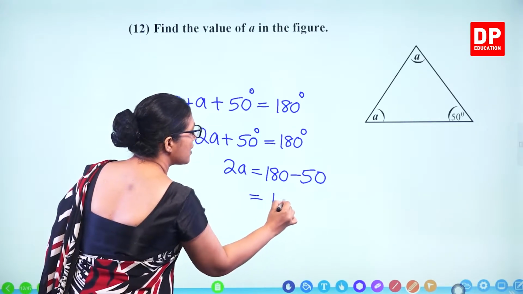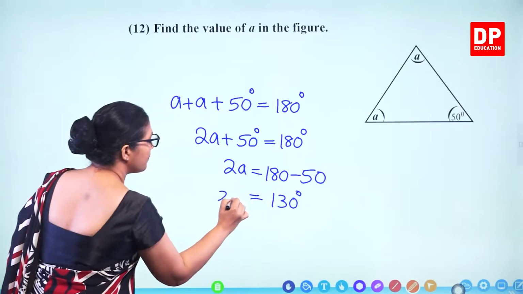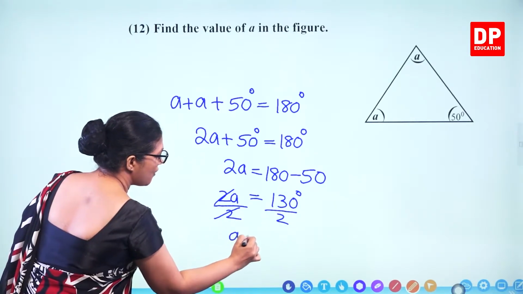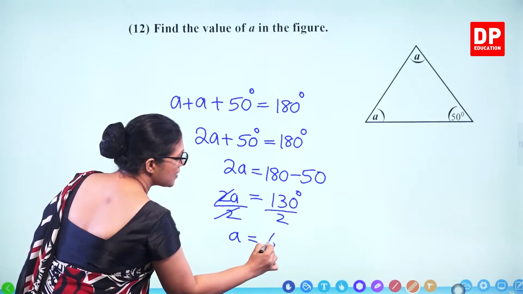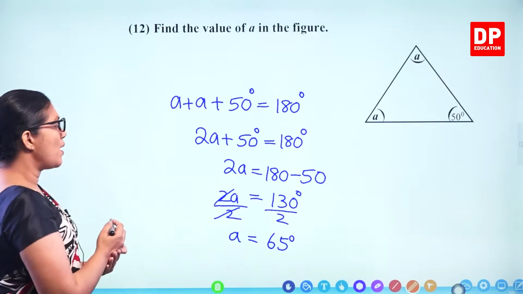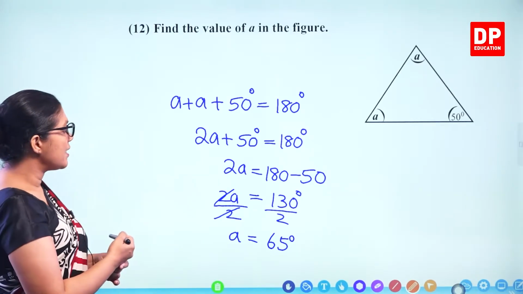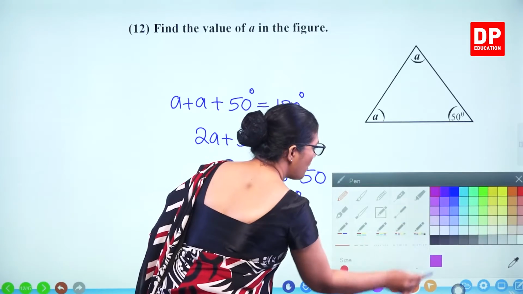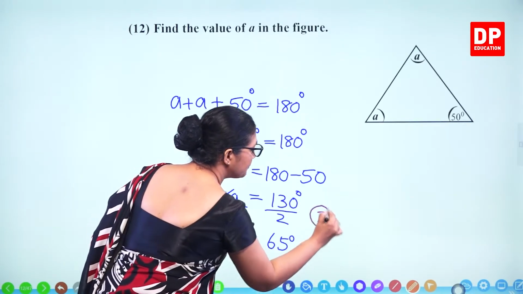From that you get 130. Divide by 2, you can find the A value. 65. 2 times 6 is 12 and 1 remaining for 10, that's 5. 65 degrees. 2 marks.